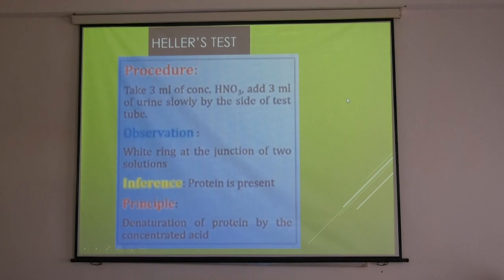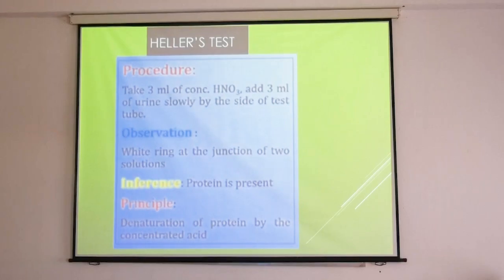This is another test we utilize for protein, Heller's test. We take nitric acid, and then add urine above the nitric acid.